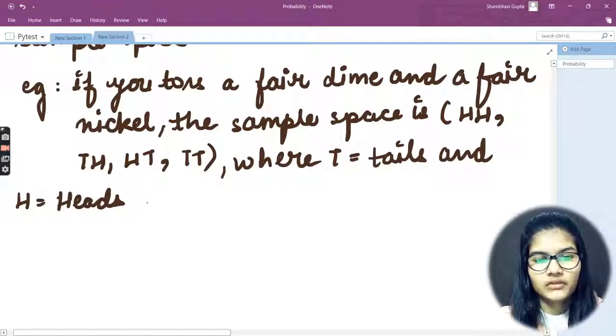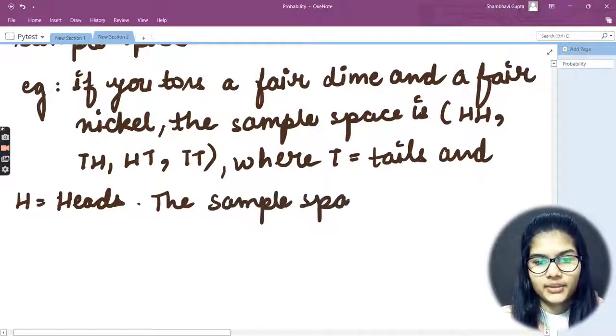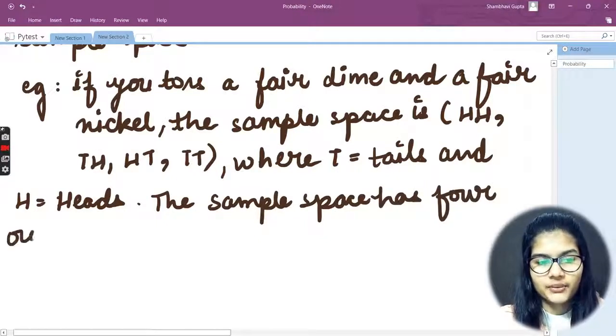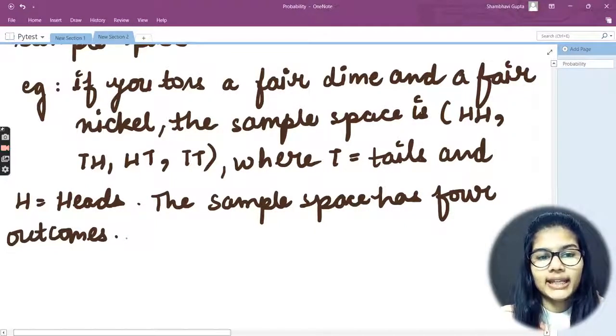Now in this case, the sample space has four outcomes. So what will be my A?